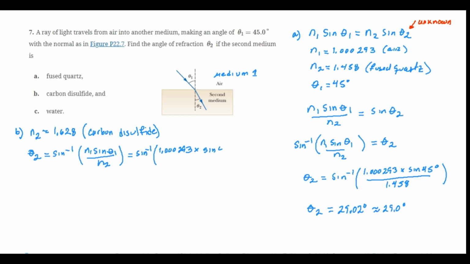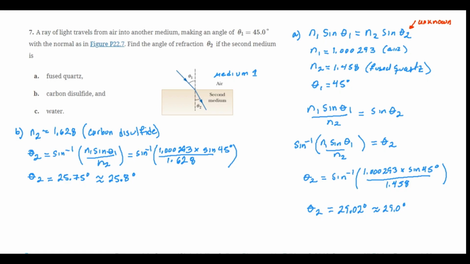What has changed now is the index of refraction of the second medium, the carbon disulfide, so we divide by 1.628. Theta 2, the angle of refraction for this second medium, will be 25.75 degrees, which is approximately 25.8 degrees. I am writing my results with 3 significant figures.